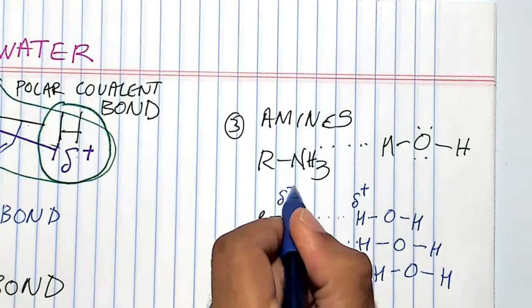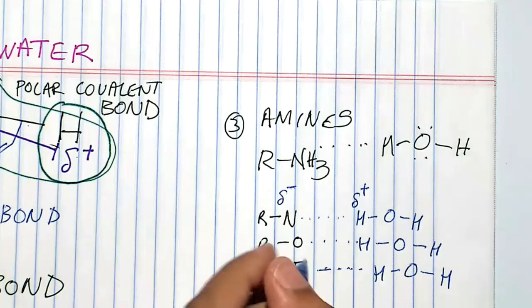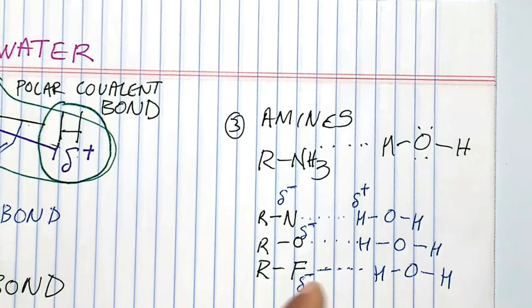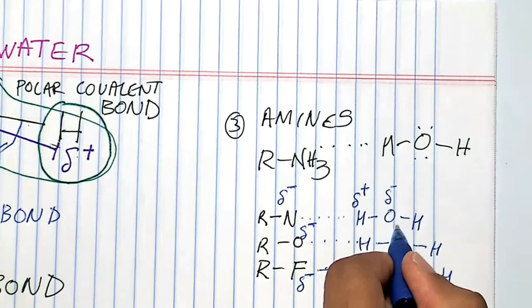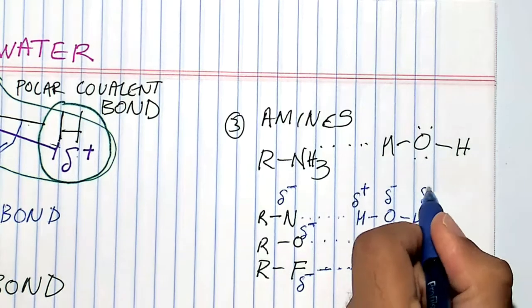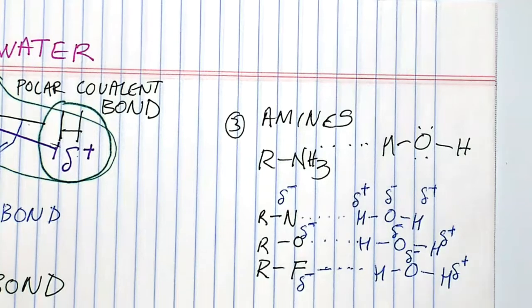This nitrogen somewhere in a protein or any type of biomolecule will have a partial negative charge. Same thing with this oxygen, same thing with this fluorine. The oxygen in the water molecule will have a partial negative charge, and this hydrogen will have a partial positive charge. So partial positive will interact with a partial negative.